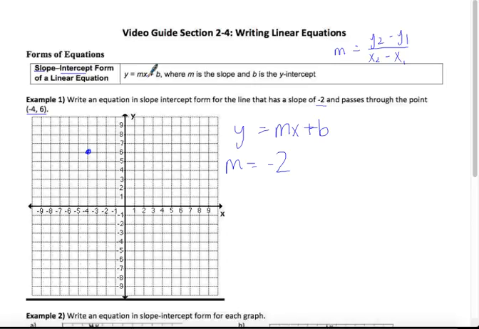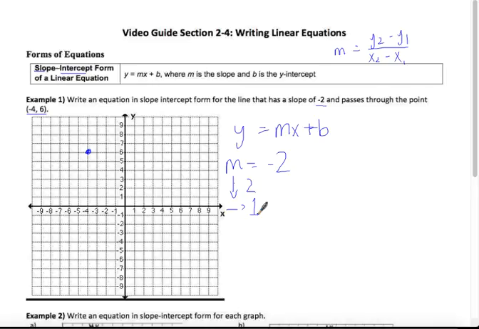So one way I could figure out what the y-intercept is is to keep plotting points on this line until I hit the y-intercept. So since the slope is -2, that means I'm going to go down 2 and right 1, and every time I do that, I hit a point.